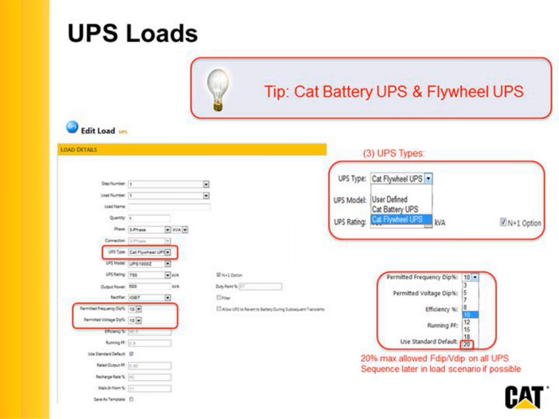We have another question for you. What is the advantage of sizing Cat's UPS versus other manufacturers? Can you talk a little bit about that? Yeah, it's a good question. The advantage of using the Cat UPS is that a lot of the generic UPS data is just generic data, whereas with the Cat UPS, we have the data.